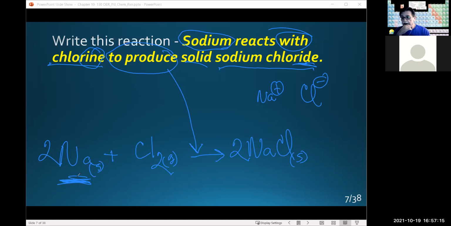It generates a lot of heat, generates hydrogen gas, and high heat plus hydrogen gas goes boom, okay? Very reactive, hazardous solid. Chlorine is a gas. More specifically, it's a poisonous gas. So we got a reactive metal and a poisonous gas. They interact with each other.